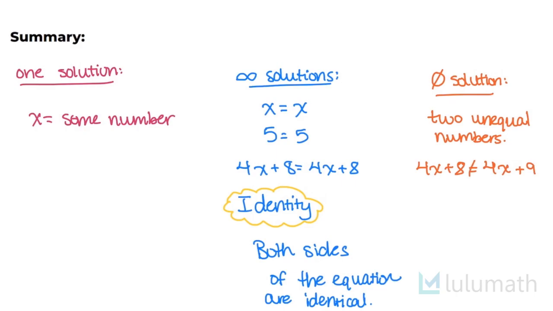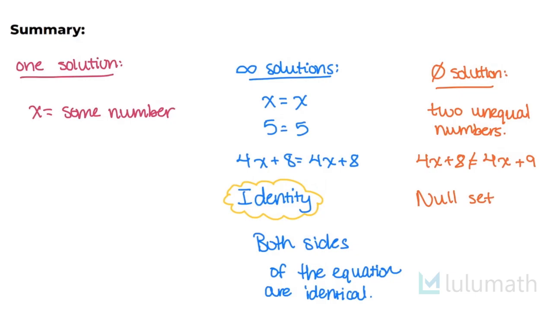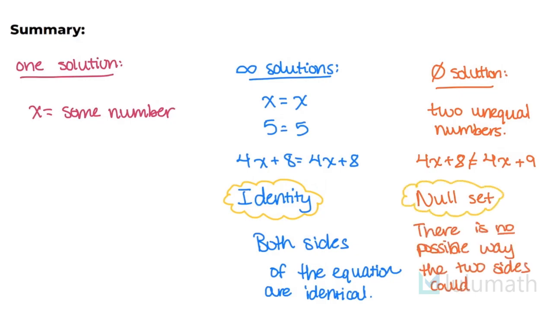They're not equal to each other. There's no way that 4x plus 8 will ever equal 4x plus 9. It's just impossible. And this is called the null set. There's just no possible way the two sides could ever be equal, as opposed to here, where the two sides will always be equal.